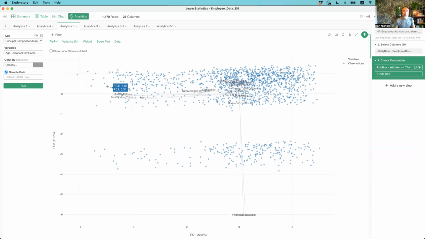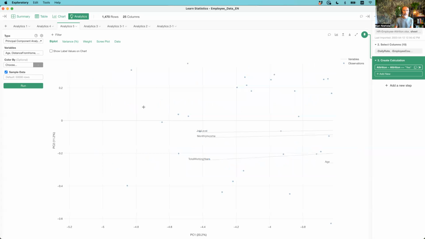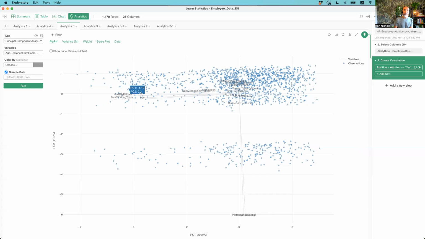So what this means is that all these lines right now are super crowded. Here, job level, monthly income, working years, and even age are pointing in the same direction. That means this is similar information because they're correlated with one another.